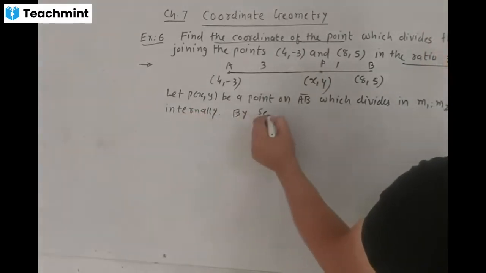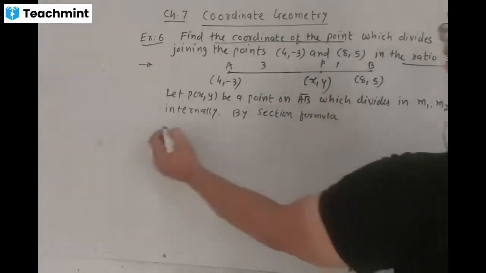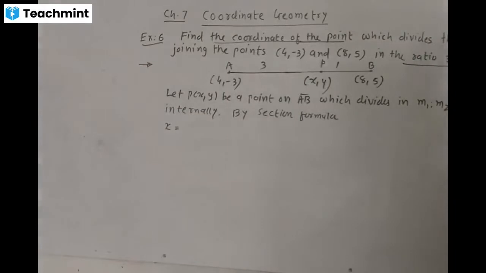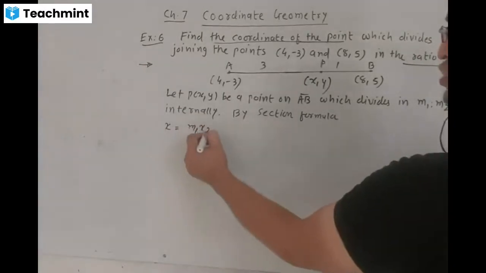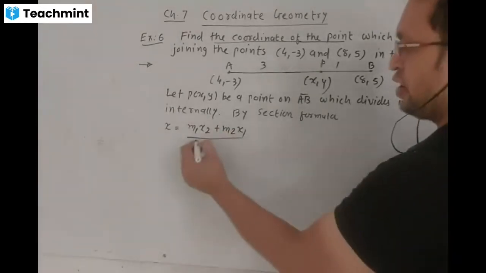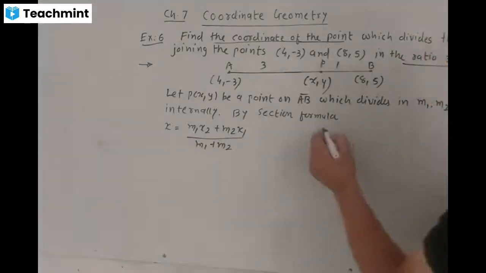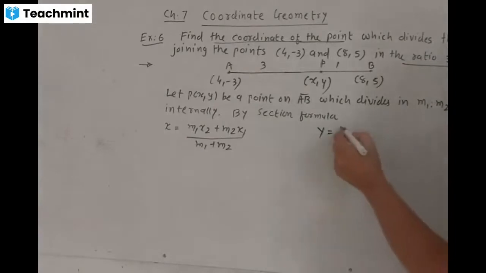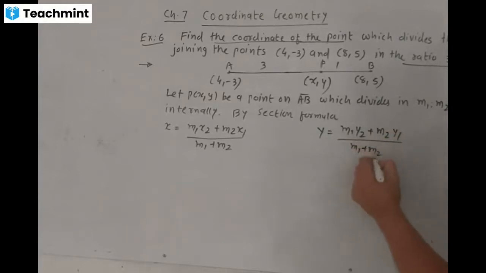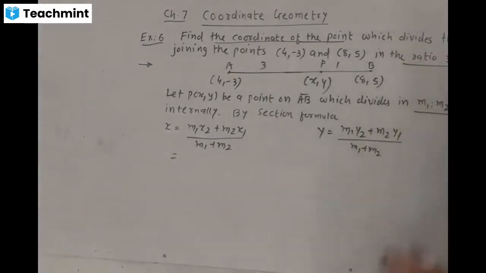Section formula. The x coordinate is equal to m1 x2 plus m2 x1 divided by m1 plus m2. And the y coordinate is equal to m1 y2 plus m2 y1 divided by m1 plus m2. Here m1 is to m2 is 3:1.